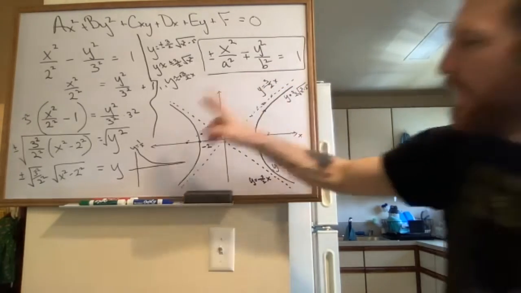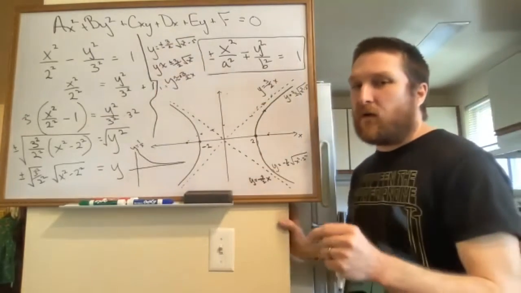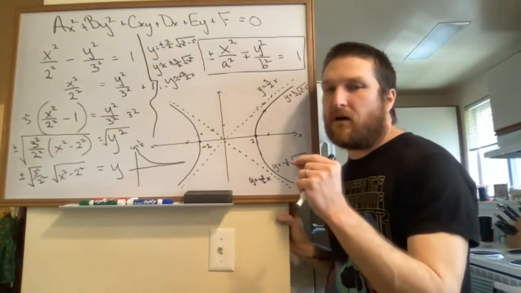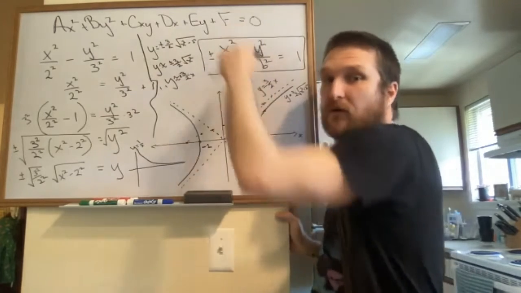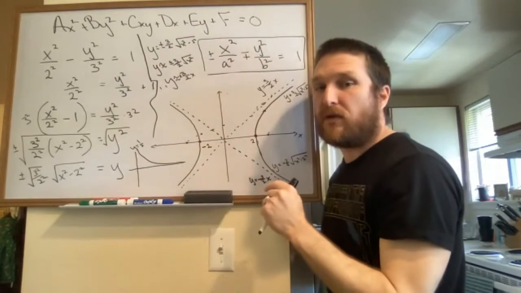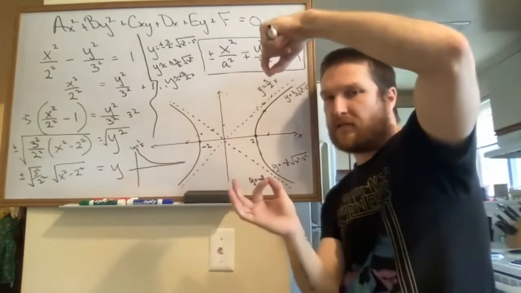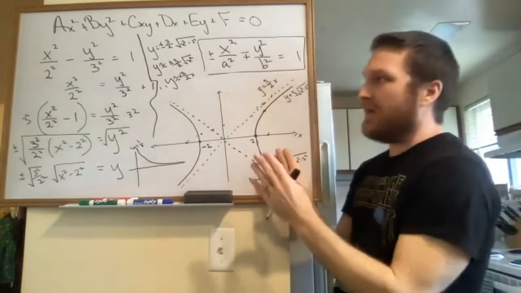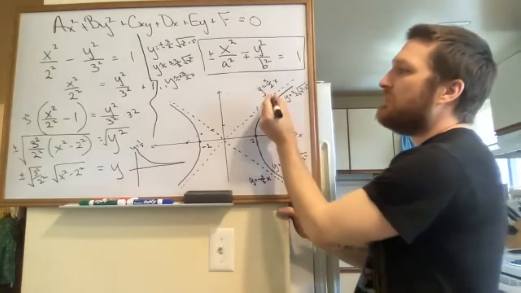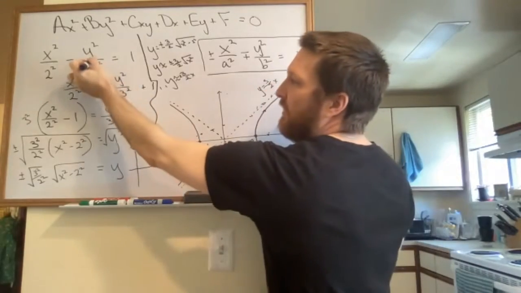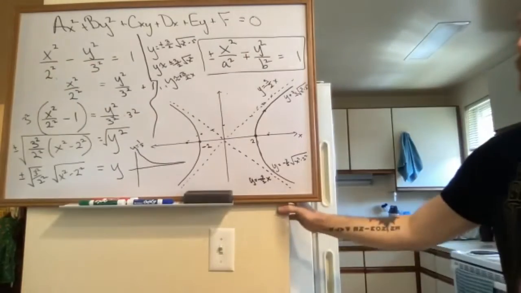Now, we don't have to do this every single time. The same way that once we got our ellipse in the form x squared over a squared plus y squared over b squared equals 1, we were just able to say it goes through at plus and minus a, and plus and minus b, the same thing happens here. The line that this approaches happens to be y equals that number over that number right there. Why?